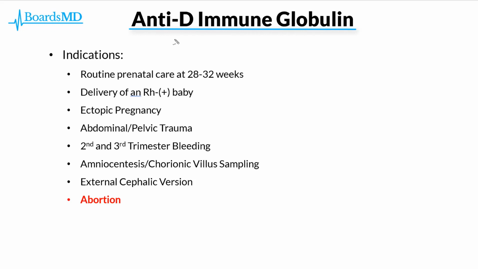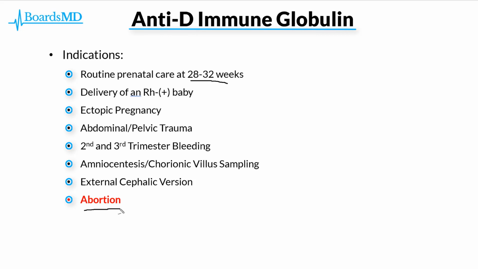We have a separate video in our course on isoimmunization, but just to review here, the indications for anti-D immune globulin include routine prenatal care at 28 to 32 weeks, the delivery of an Rh-positive baby, ectopic pregnancy, abdominal or pelvic trauma in a pregnant woman, second and third trimester bleeding, invasive screening methods including amniocentesis and chorionic villus sampling, external cephalic version, as well as abortion.